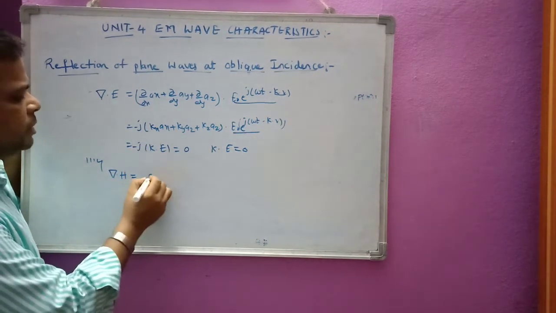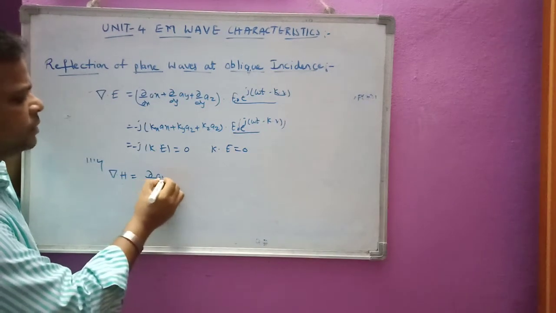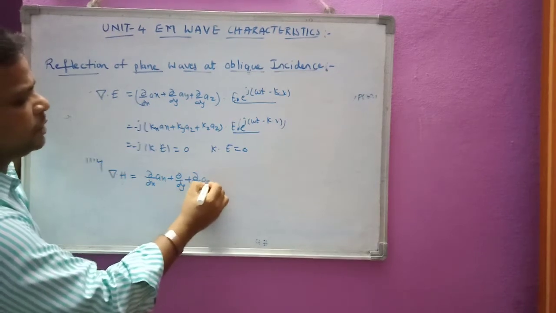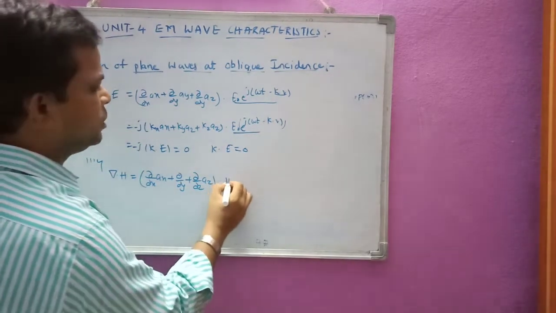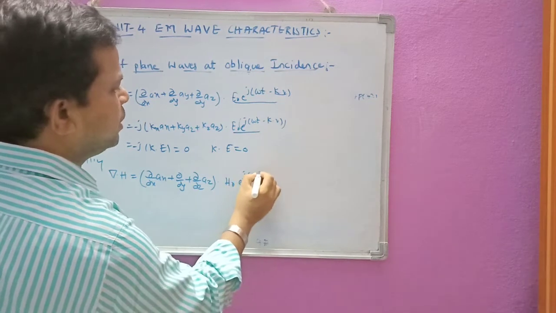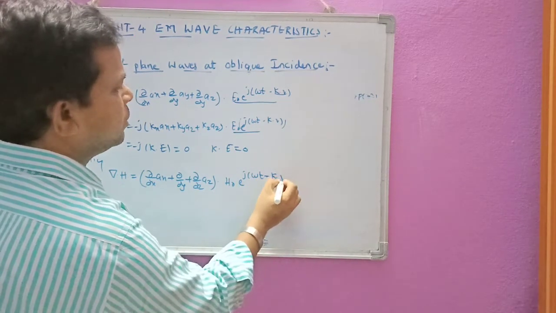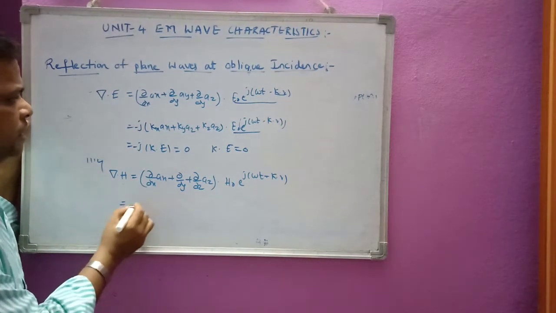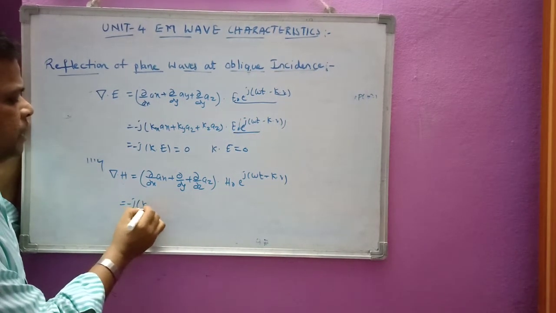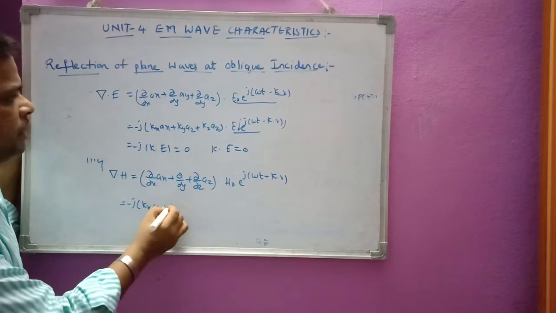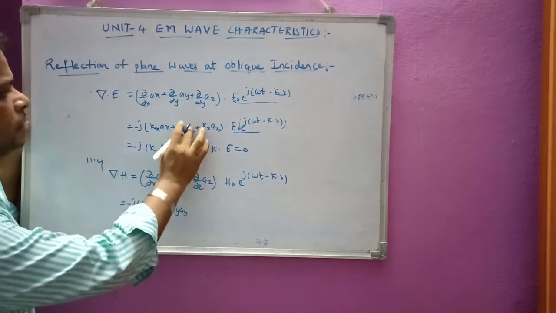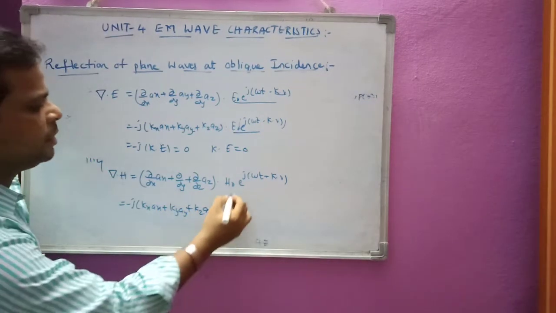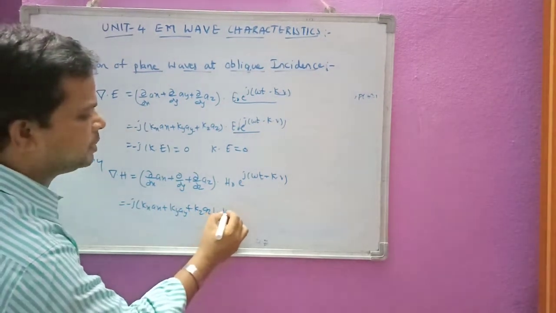Del dot H I can write again the same: dou by dou x of ax plus dou by dou y of ay plus dou by dou z of az, dot H naught into e power j omega t minus k dot r. I will get the same derivation, that is minus j into kx ax plus ky ay plus kz az, and the same H here.